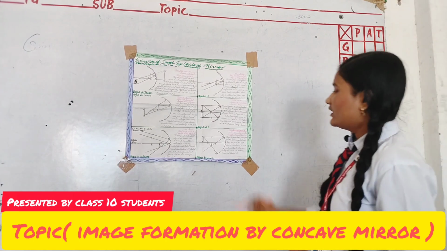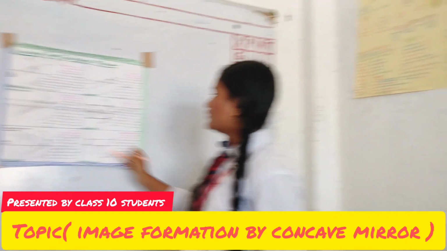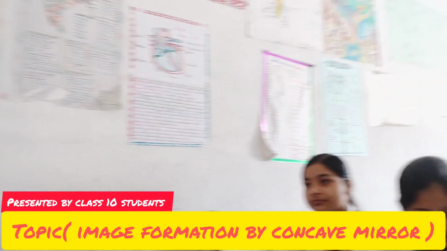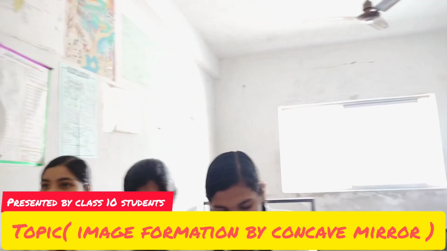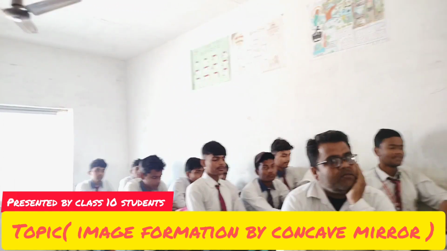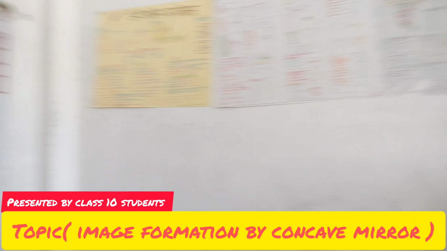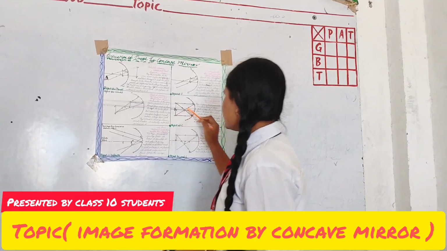And the fourth case, when the object is placed at the center of curvature. The first ray of light, which is AD, parallel to the principal axis, reflects at point D and passes through the focus. And the second ray of light, which is AE, passes through the focus and becomes parallel to the principal axis.